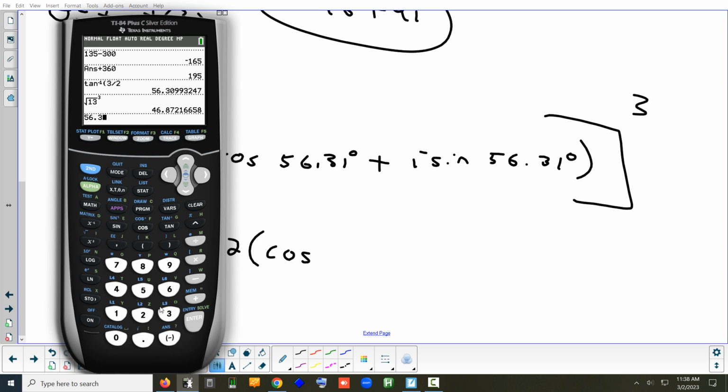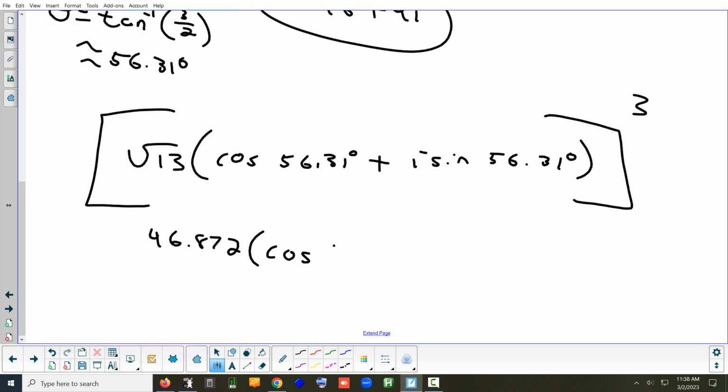So 56.31 times 3 gives me an angle of 168.93.